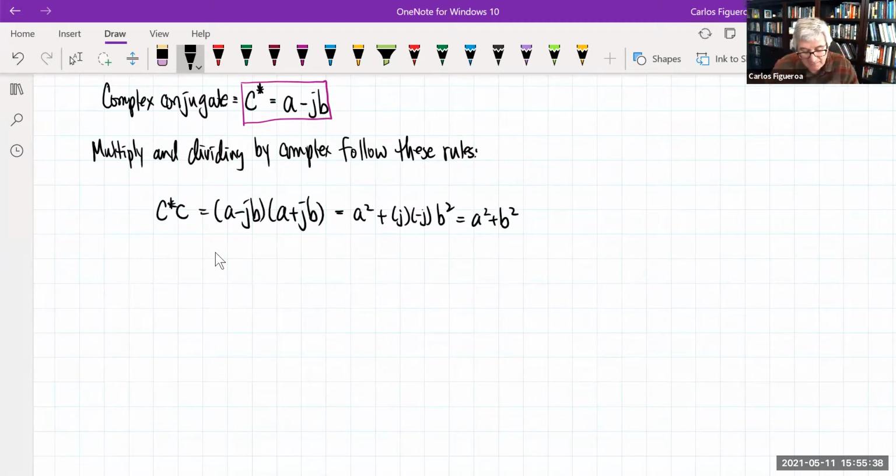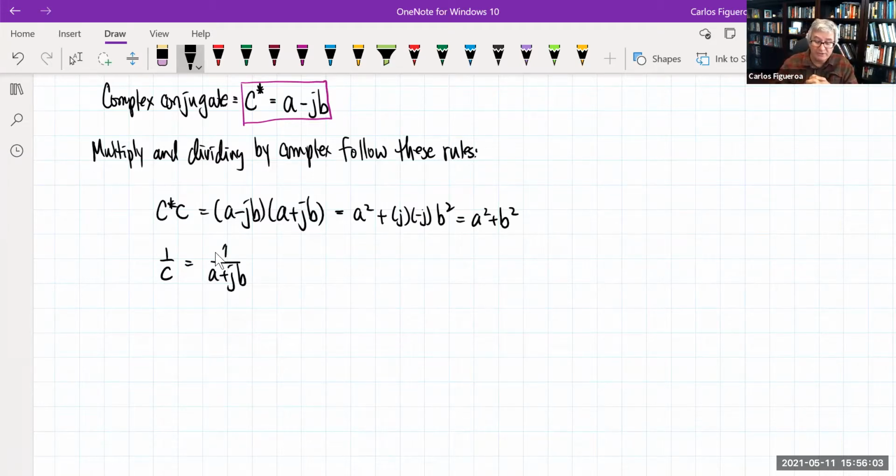You can see how the complex conjugate becomes very important. It tells you the length of a complex vector. Now, if I take the inverse of a complex number, it's super important that all j values remain in the numerator.